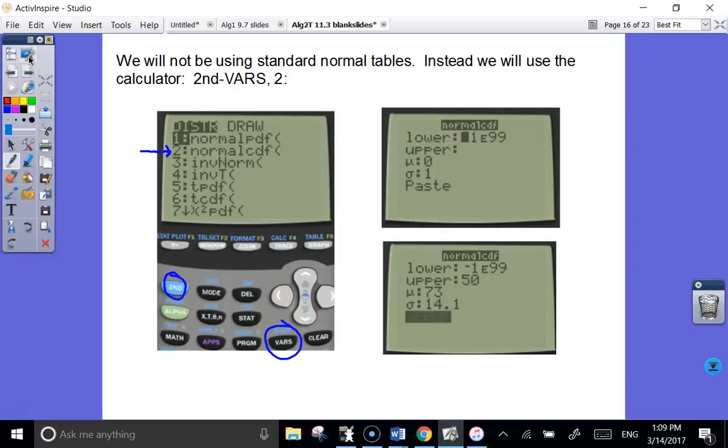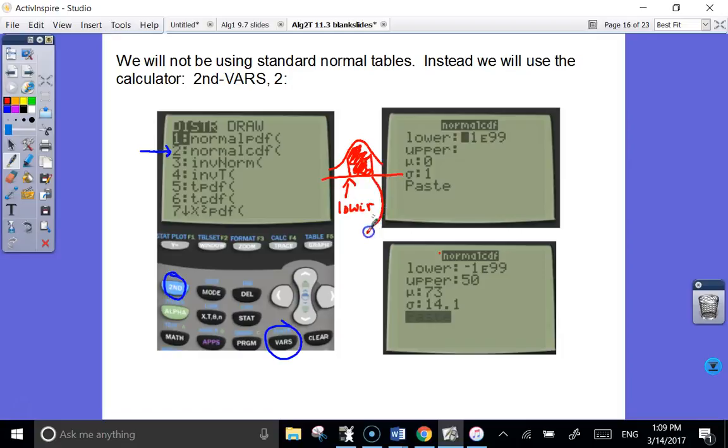Now, when you're finding the area under the normal curve, let's say that I was finding the area between these two places. Then the lower means the x value, which is to the left of the shaded area.